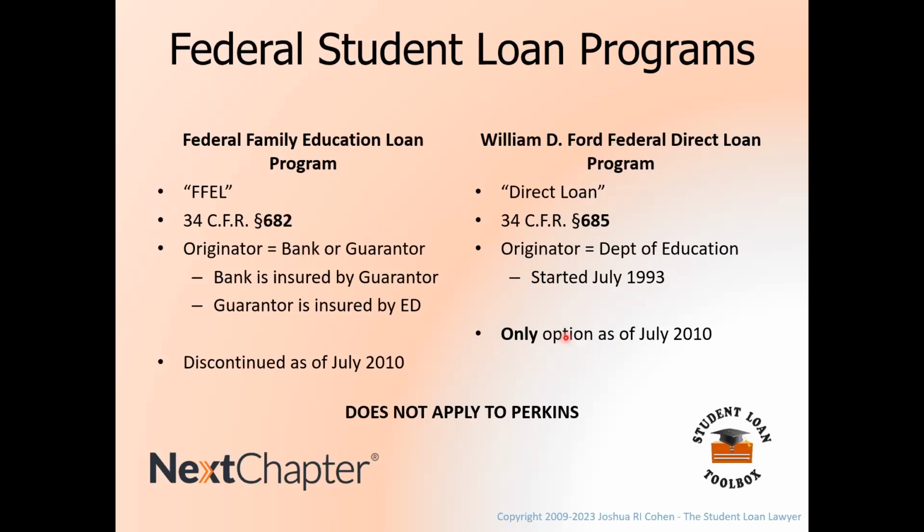But direct loans is the only game in town. None of this applies to Perkins loans. We'll get details on these in just a second. So again, you have FFEL or direct. The only key difference that we care about is who originated the note. It's not about who holds it now, it's who originated. Okay.